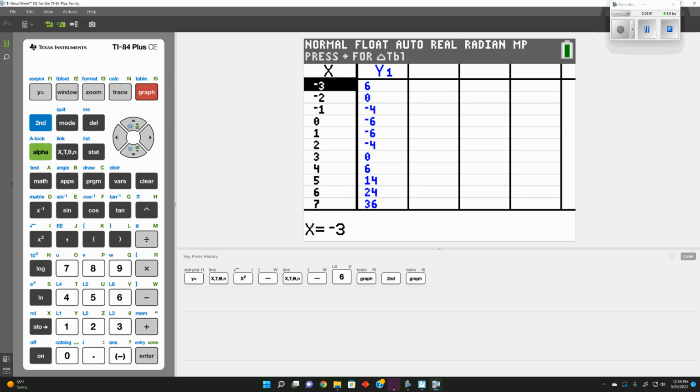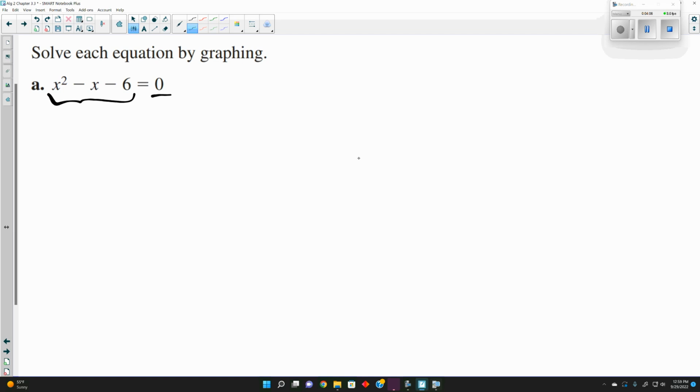So the solutions for this are -2 and 3. Because again, we only really are concerned with what value of x is making the y value 0. So our solutions for this here are x is equal to -2 and x is equal to 3, because these are the 2 values that make the function equal 0.